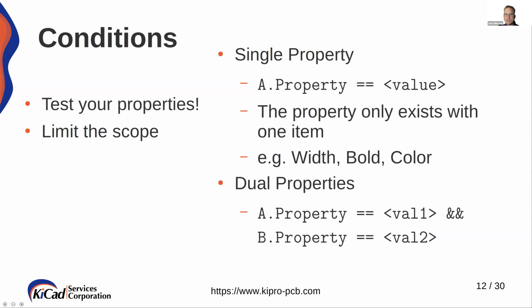It's not a relationship between the properties, and so there you will only have A.property, and then a double equal sign, equals the value. So the double equal sign and value allows you to set a condition there.